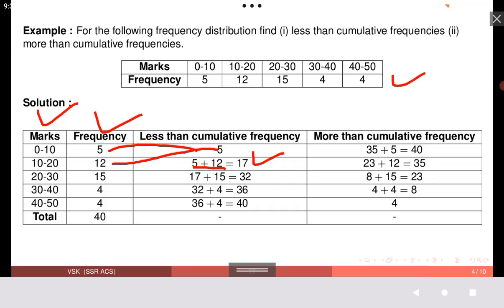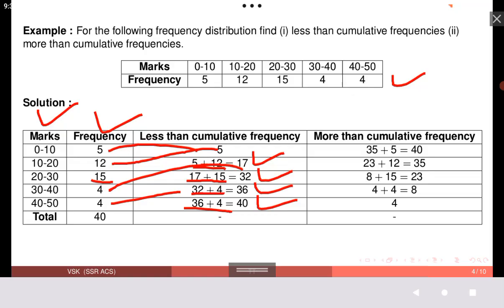Now this 17 will be added to 15, so 17 plus 15 is 32. Now to this 32 we add 4, so 32 plus 4 becomes 36. And to this 36 we add 4, so 36 plus 4 is 40.